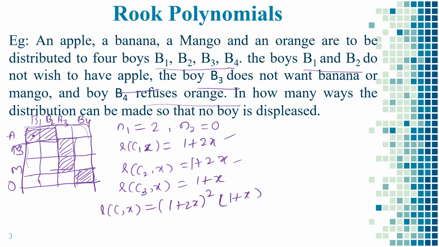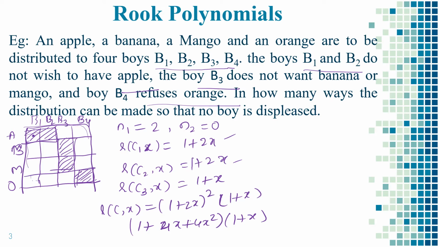We can expand (1 plus 2x) whole square using the form a square plus 2ab plus b square. So 1 plus 2ab, that is 2 into 1 into 2x, that is 4x, plus (2x) whole square, which is 4x square, into (1 plus x).